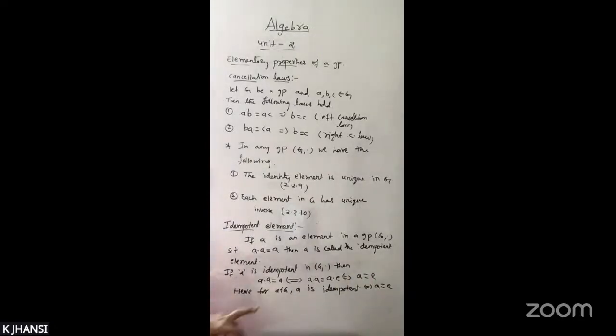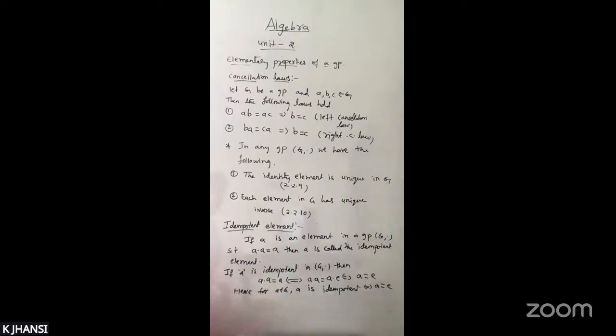So we call a an idempotent element whenever this a value is equal to the identity element e. The identity element is nothing but a value equal to e, and whatever the resultant a into a is, that is e, then we call that a is an idempotent element.